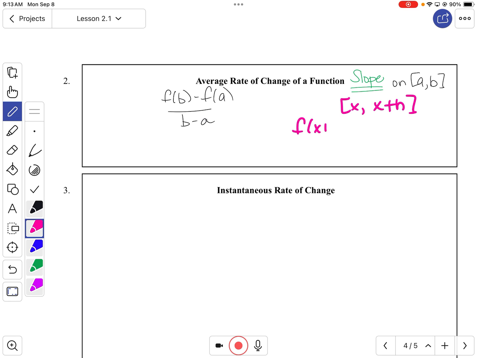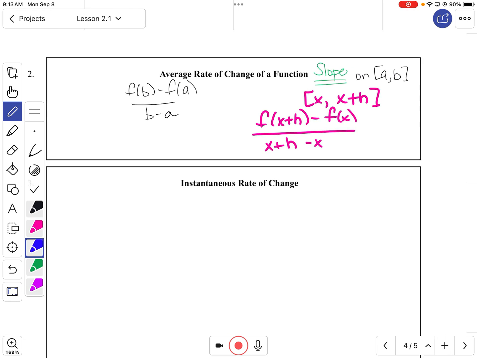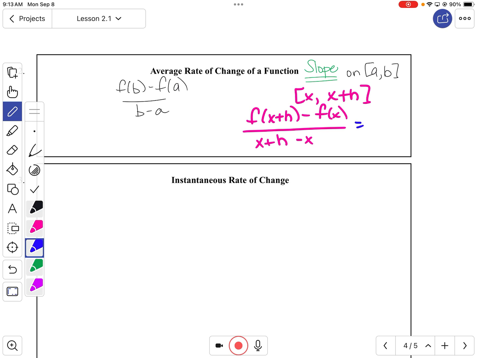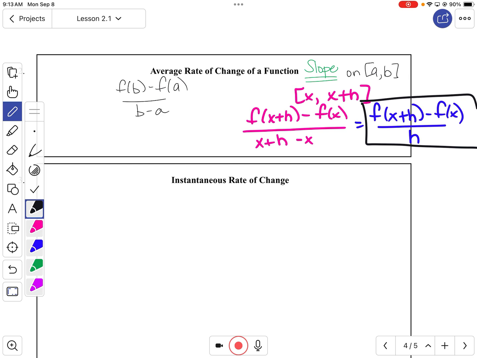We would take f of x plus h minus f of x over x plus h minus x, which would simplify to f of x plus h minus f of x all over h. All right, that is your average rate of change.